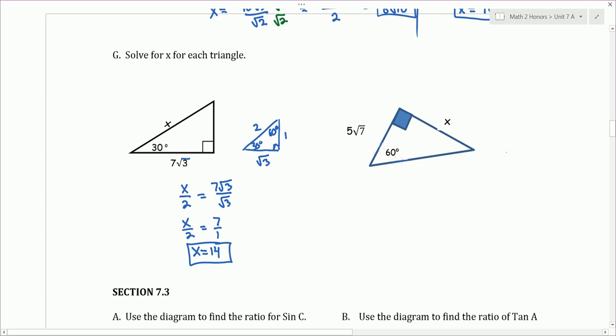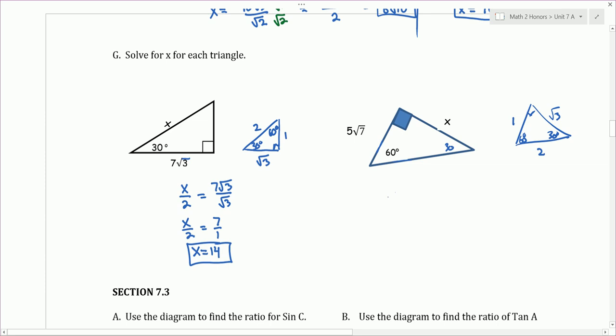Next one, we have a 30, 60, 90 as well. Draw one that we know the side lengths of. 1 always goes across the 30, root 3 is always across 60, 2 is always across 90, and set up a proportion.